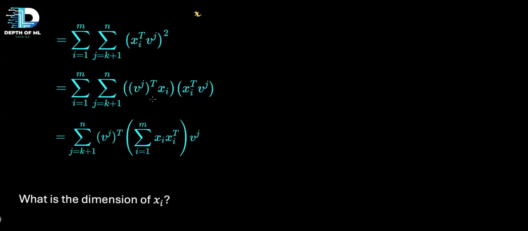This is just a scalar, right? So you can write it like this also. And then I'm taking this particular thing inside, and this I'm taking outside. So I'm doing the summation on all the data points first, and then I will do something about it. Okay. Clear till here?